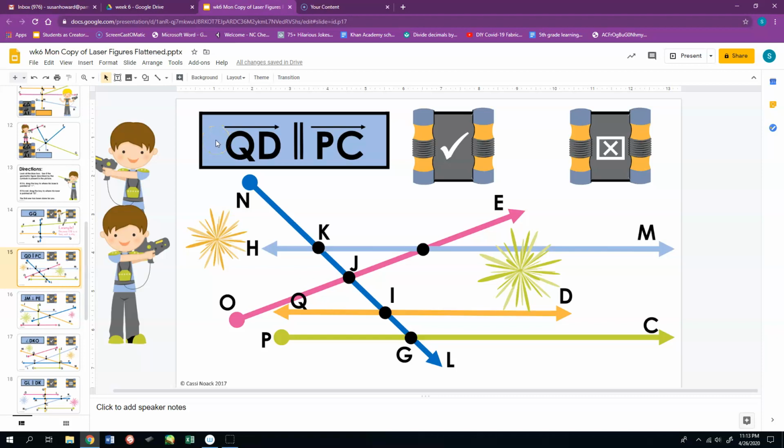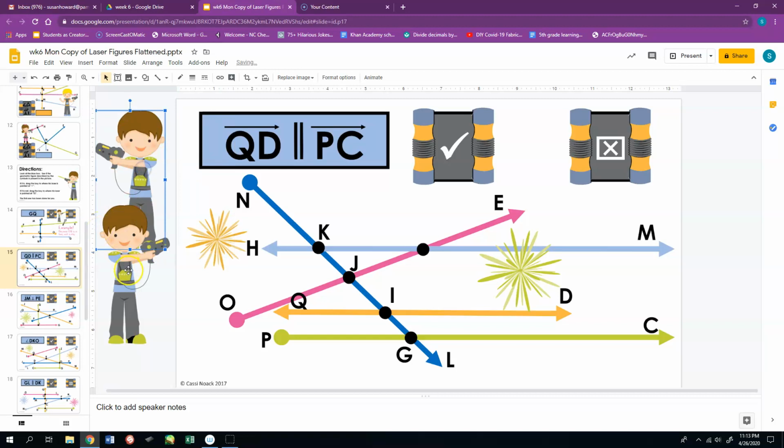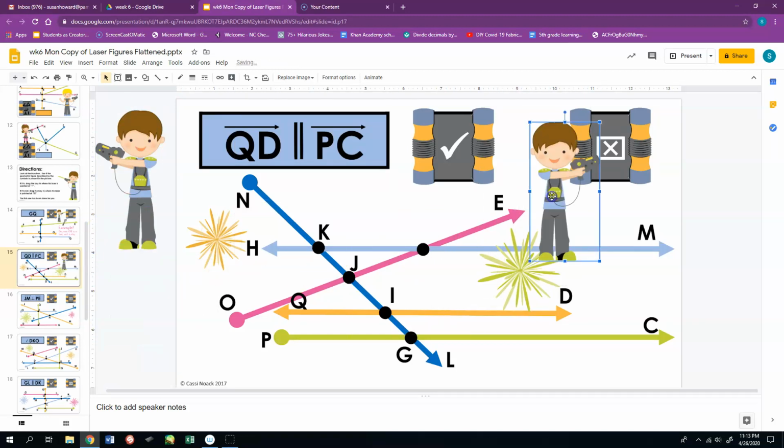It's actually a line. So I know that this is incorrect. And so I would take my boy, and that's the wrong boy. I want him to point at incorrect. And there it is. He's pointing at the X because this picture that I am seeing down here is not ray QD is parallel to ray PC.